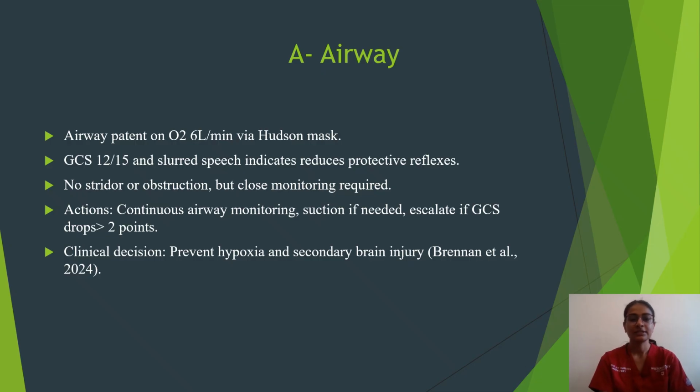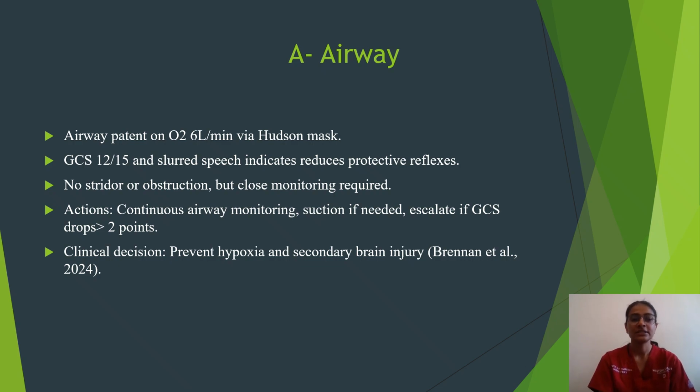Next, the first is the airway. Her airway is patent on 6 liters of oxygen via Hudson mask. Her GCS is 12 out of 15 and slurred speech indicates reduced protective reflexes. No stridor or obstruction is present but close monitoring is required.